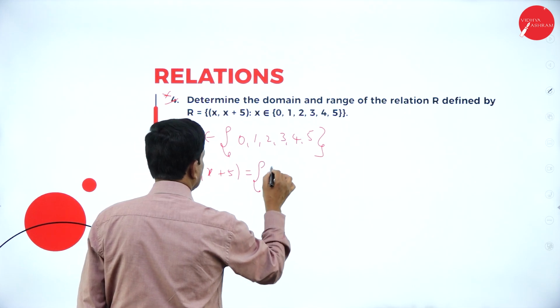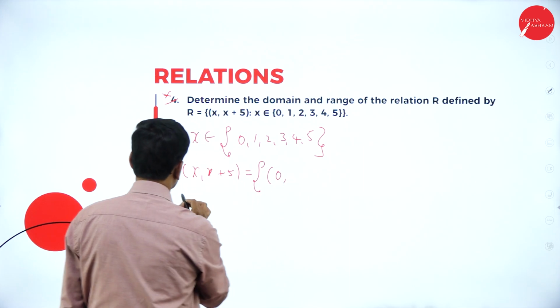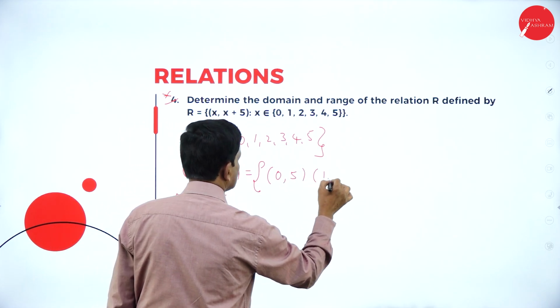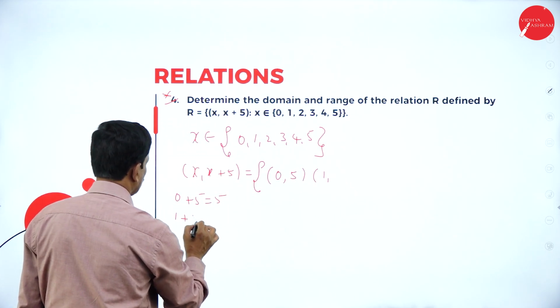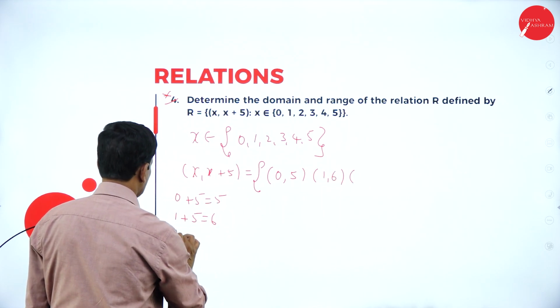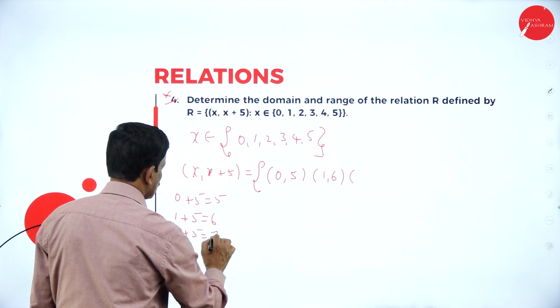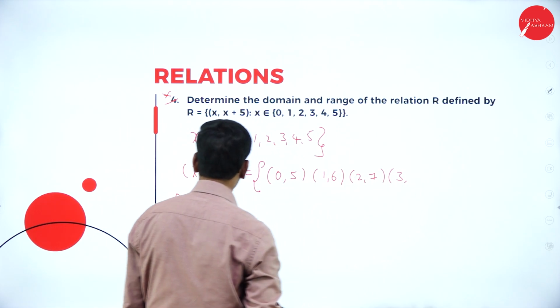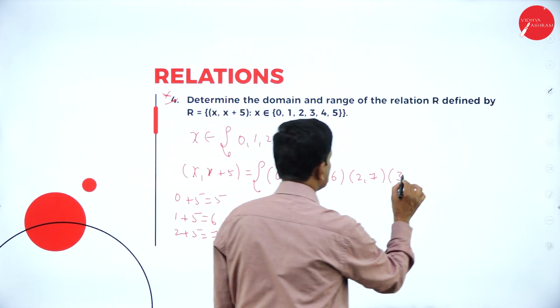So when x is equal to 0, 0 plus 5 is 5. When x is equal to 1, 1 plus 5 is 6, so (1, 6). When x is equal to 2, 2 plus 5 is 7, so (2, 7). When x is equal to 3, 3 plus 5 is 8.